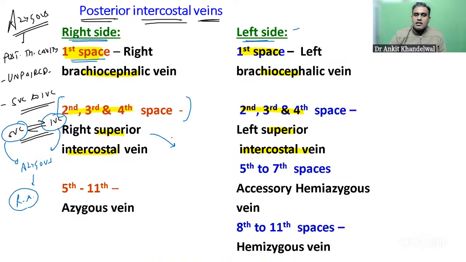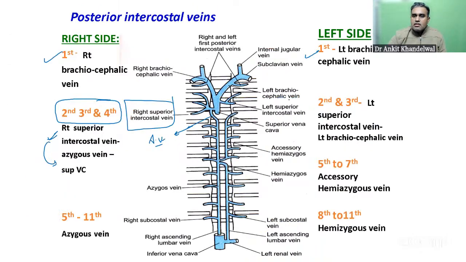So on the right side, they are draining into the azygous vein. But on the left side, the second, third, fourth posterior intercostal veins, they again go where? They'll form the superior intercostal, but they will go to the brachiocephalic vein on the left side. Let us see in this diagram. This left superior intercostal vein, which is second, third, and fourth, drains into the brachiocephalic vein. That is a minor difference.